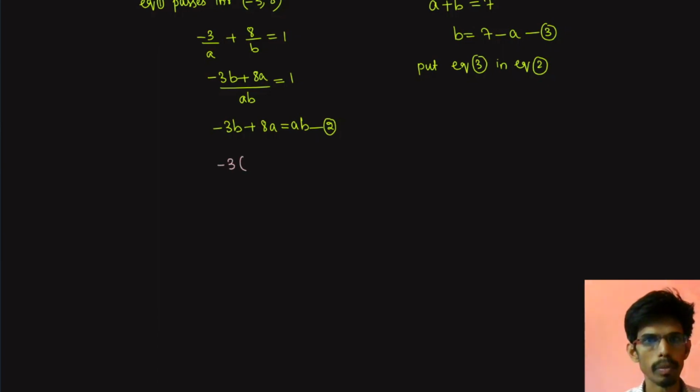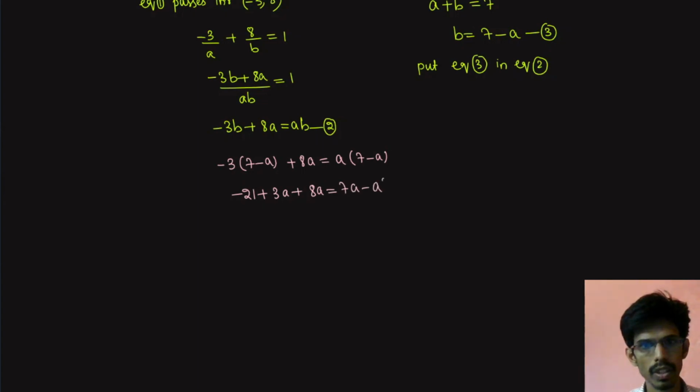So this will become minus 3 into the b value, now we have 7 minus a, plus 8a is equal to a into the b value, which is 7 minus a. So 7 3s are 21, minus 3a plus 8a is equal to 7a minus a square. Now take this a square to that side, it will become plus a square.